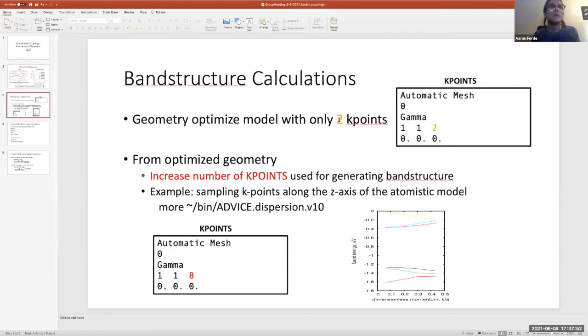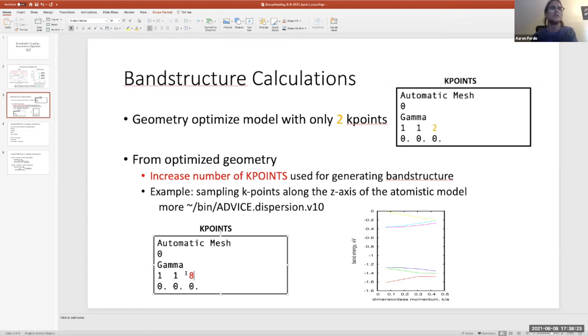Okay, so optimize with 2 K points. I put the 2 into the Z direction because that was the direction in which the model is periodic that I initially tried this on. Once you optimize the geometry, to generate the band structure you just create a subdirectory with your structures and all your input files.